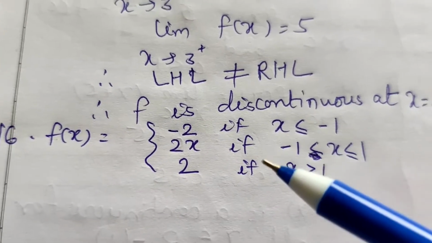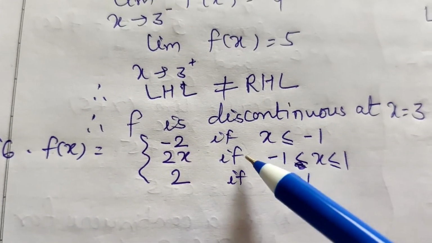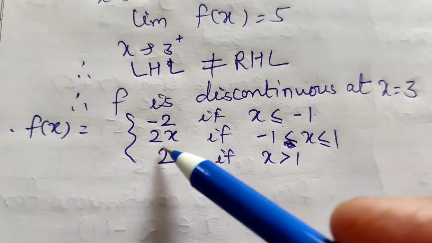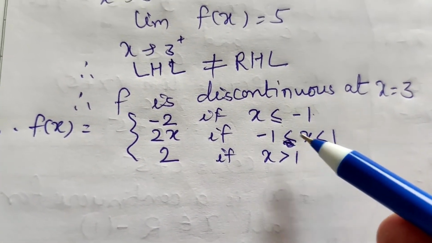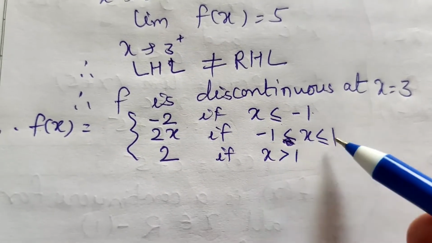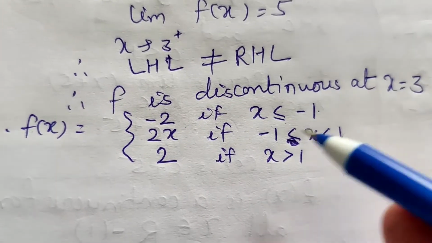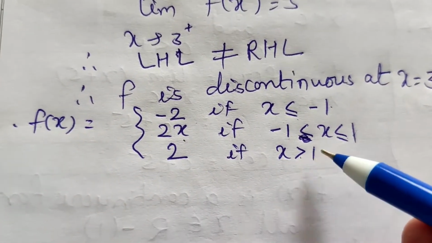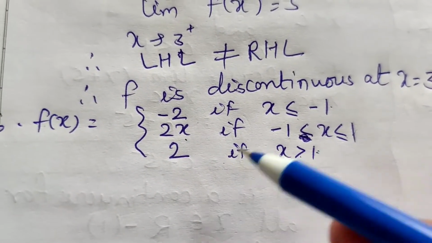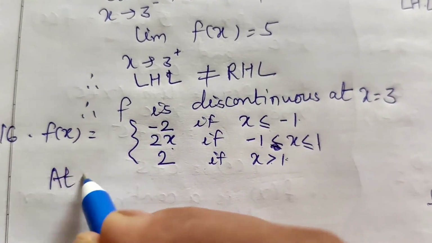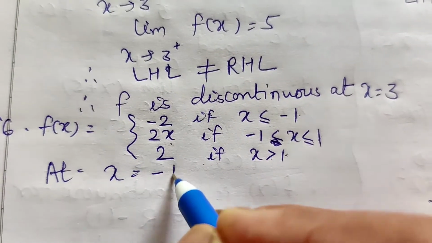This is a function f(x) equal to minus 2 if x is less than or equal to minus 1, 2x if x is greater than minus 1 but less than or equal to 1, and 2 if x is greater than 1. Now first we have to check at x equal to minus 1.